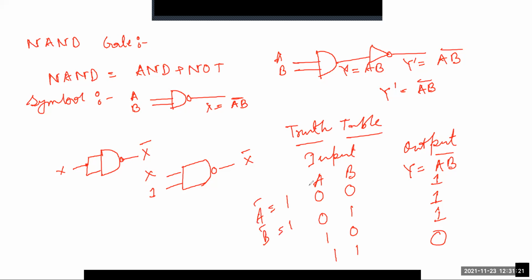So A equals 0 or A bar equals 1, both are the same. So this NAND gate can perform the OR function. This corresponding output can be expressed as Y equals A bar plus B bar.